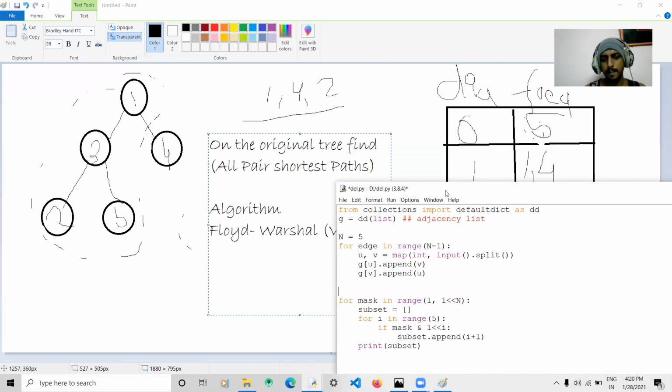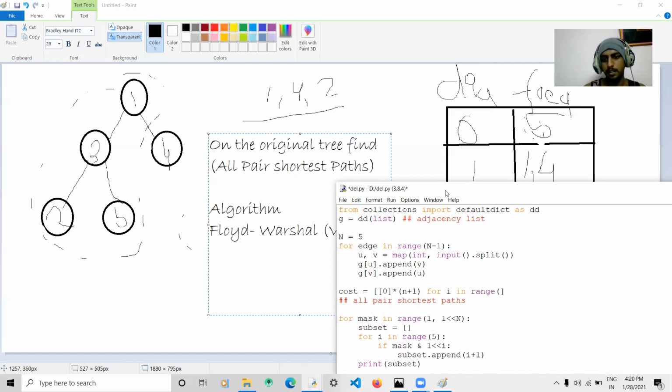Once you have the graph, you want all pair shortest paths, which is easier to get. Just initialize your cost. You can look for the Floyd Warshall algorithm online. Just have a 2D array and run the standard Floyd Warshall algorithm. I will copy this because I'm lazy.